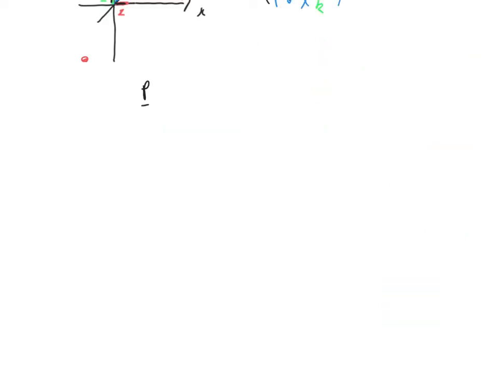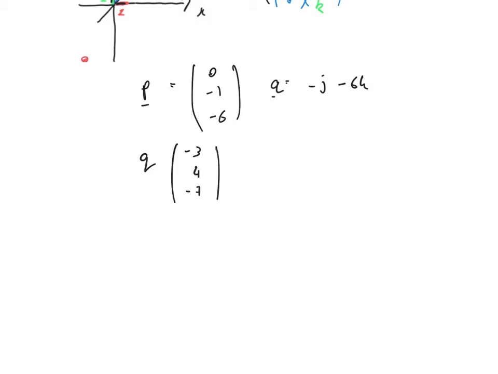Okay, then let's say I had a vector which was 0, minus 1, minus 6, and I said to write that in the form i, j, k. Well, it would be 0i minus 1j minus 6k. Let's say that it was a vector minus 3, 4, minus 7.